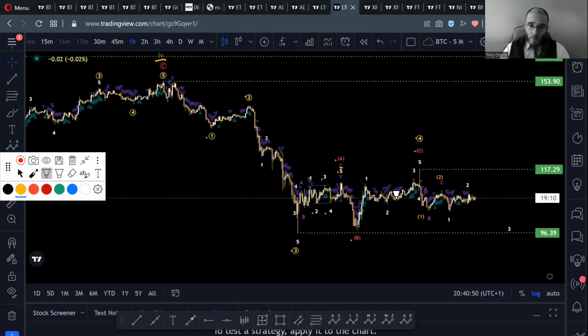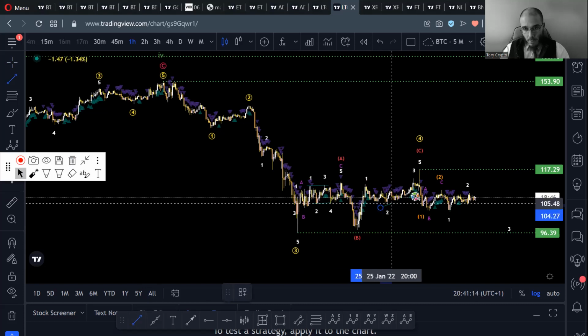And we have one more ending diagonal for this wave C. We have one more: 1, 2, 3, 4, and 5. I have omitted to put the lines above it, so since I'm talking about that, let's quickly add the lines.